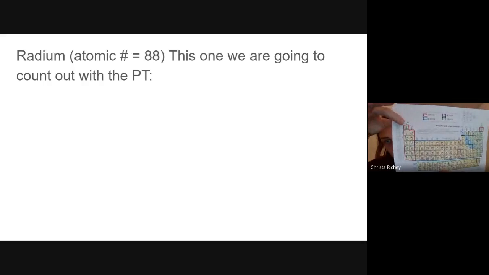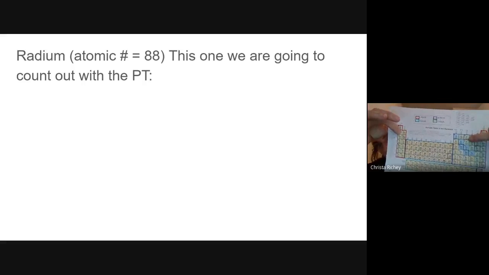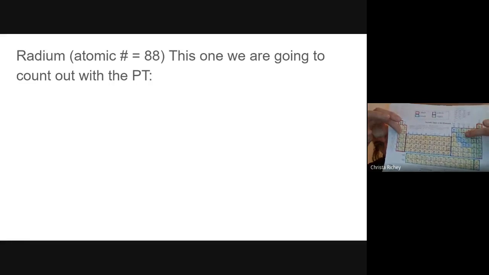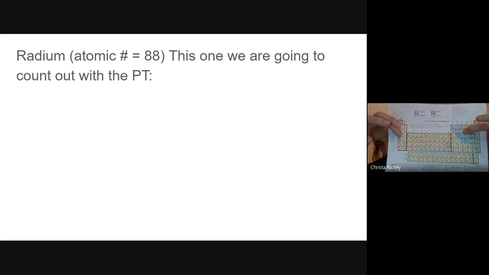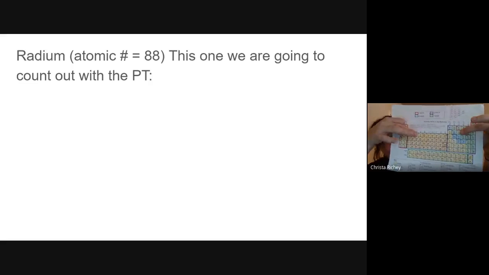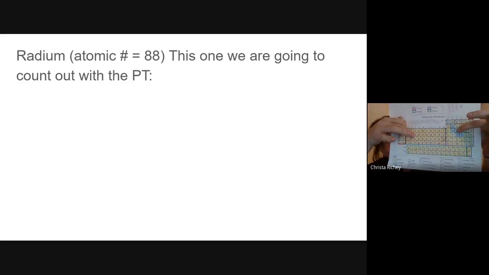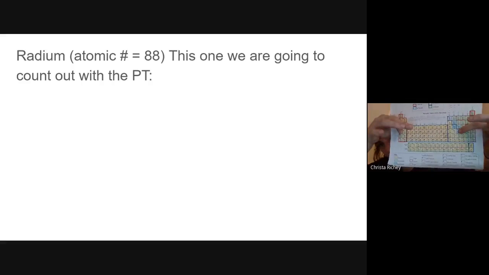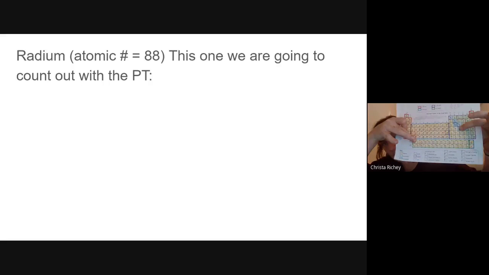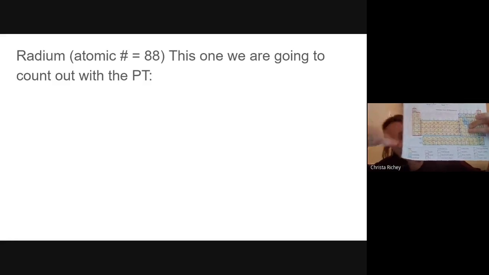So I've got 1s2, 2s2, 2p6, 3s2, 3p6, 4s2, 3d10, 4p6, 5s2, 4d10, 5p6, 6s2, then I'm going to go down to my 4f14, then I'm going to go up to my 5d10, then I'm going to go over to my 6p6, and then 7s2.